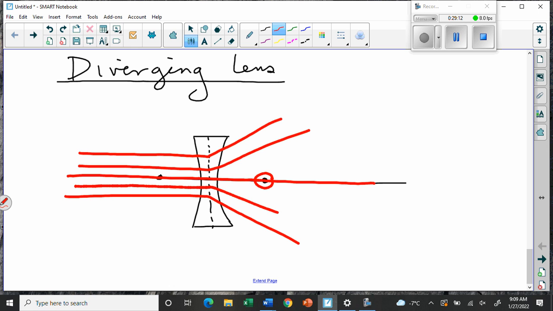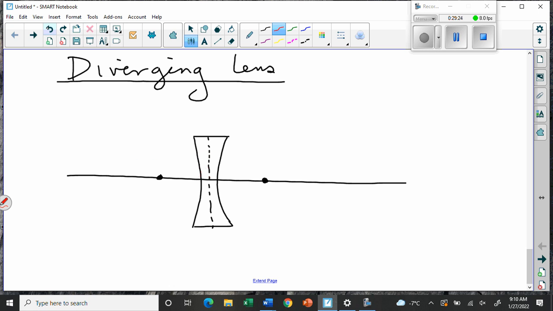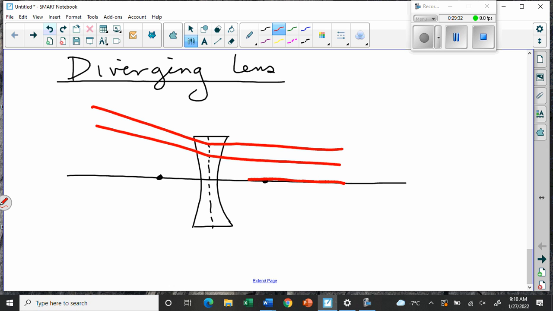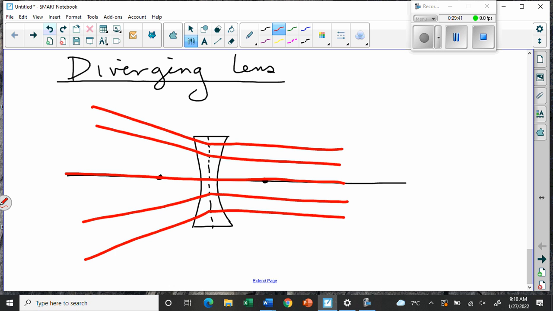This is what a diverging lens does, which means there really is no real place where you can focus. And if I do all of this backwards from the other side, if I take the light coming from this side, it's the same problem. It will diverge. It's always going to be spreading out. So technically, there is no focus, or at least there's no focus for real light rays to cross.